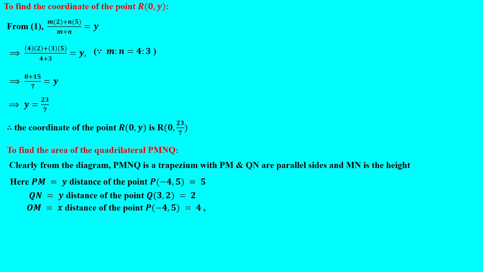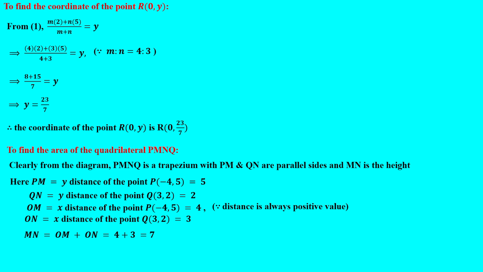We are taking the positive value because length and distance are always positive; that is why we take 4 instead of -4. And ON equals the x distance, the x coordinate of Q(3, 2), that is 3. Now MN, the total distance, equals OM plus ON, which is 4 plus 3, which equals 7.